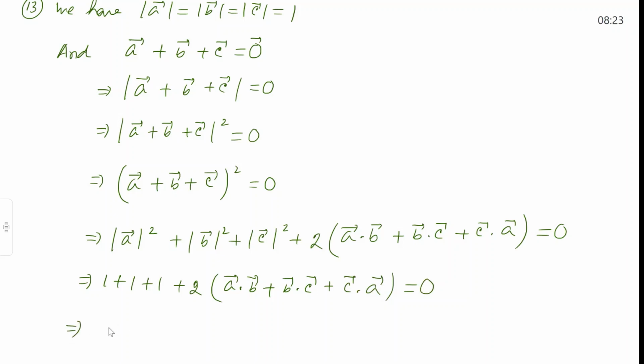Which will give us 1 plus 1 plus 1 is 3, which will go to the right side as minus 3 by 2. So the answer will be A dot B plus B dot C plus C dot A is equal to simply minus 3 by 2. That is the answer for the question.